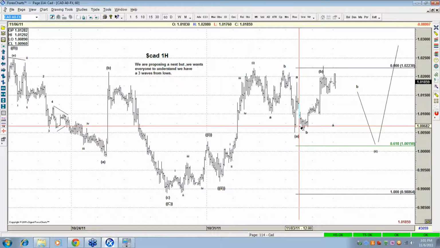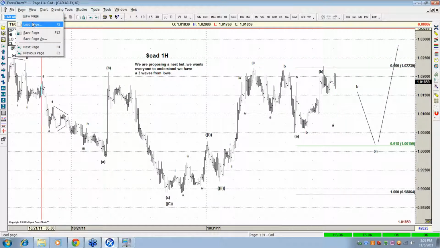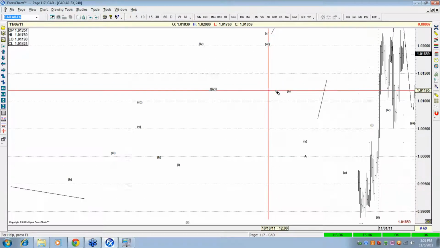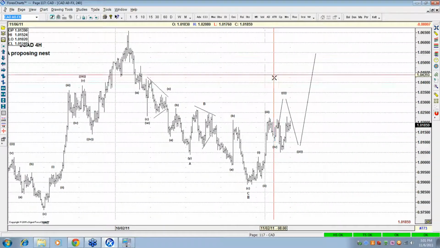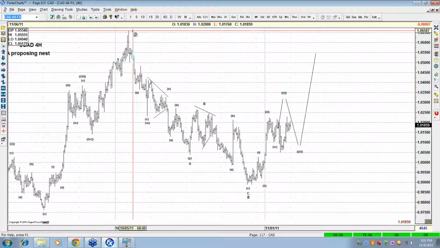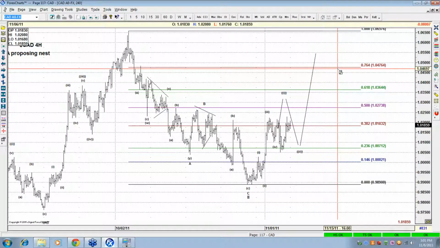But the dollar CAD can be either nesting to the upside or doing the same scenario as everything, doing a B wave. Richard, give me 1 second. Let me show you the 4 hour on the CAD. Maybe on the CAD, this is A instead of 2. And maybe on the CAD, we're going to trade higher to around 103.64, 104.76.